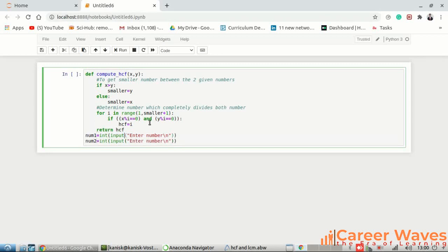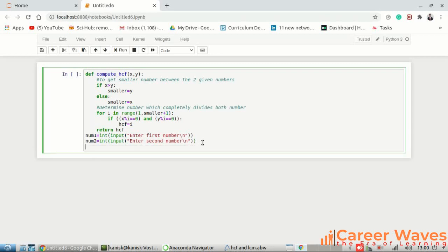For more clarification, I will write as enter first number, also enter second number. So these num1 and num2 are the two numbers from which the user will input the information. And please note here, I want to highlight that I have given int as a data type, because in the question it is clearly mentioned that they require integer form.